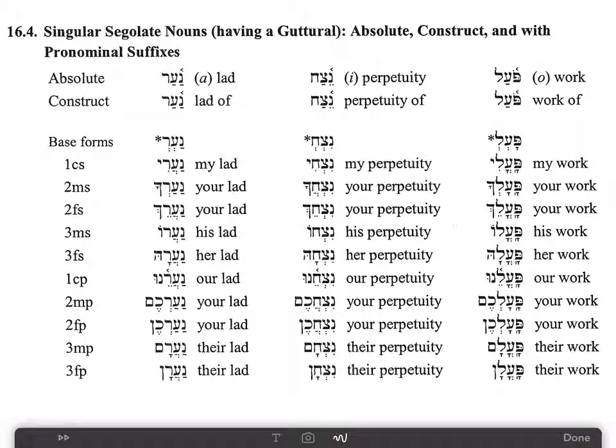And you'll see that all the way down in this paradigm, except for places where we also have a schwa in the ending. And the reason for that is because those two schwas have fought. So you could argue here that this schwa under the ayin did flip like the rest of them.